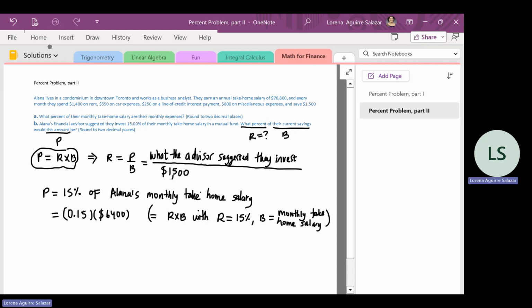There we have that. And when we multiply 0.15, that's the decimal representation of 15%, by 6,400, we get the quantity 960.